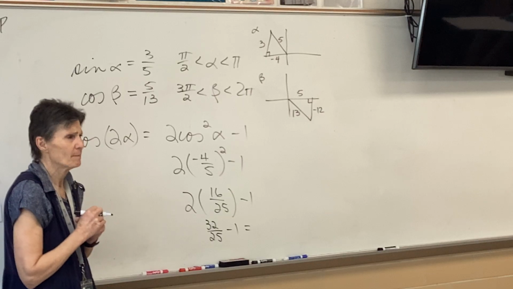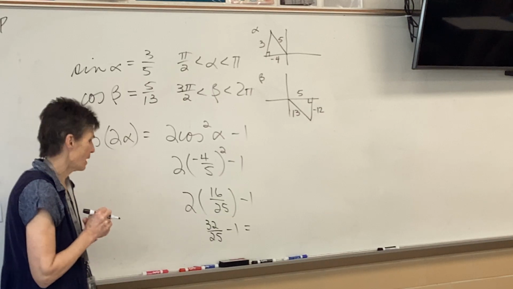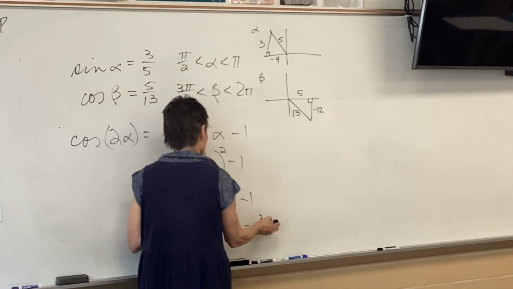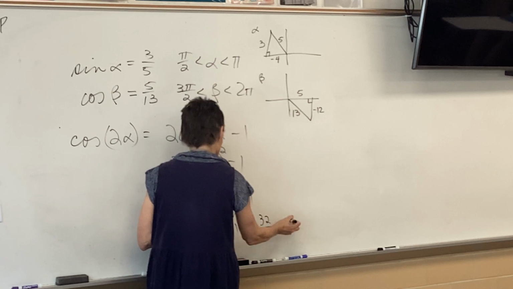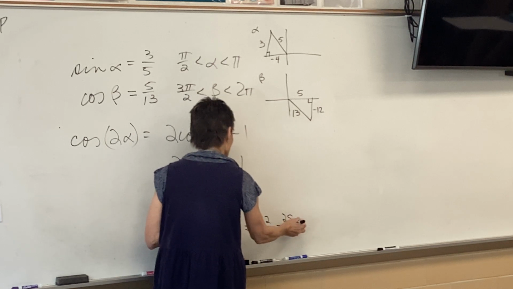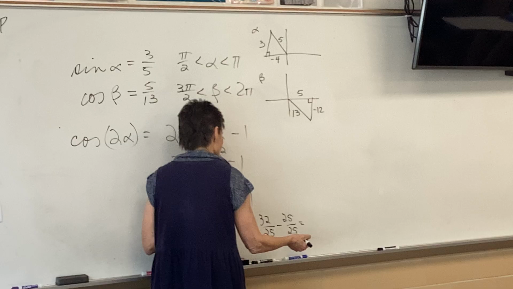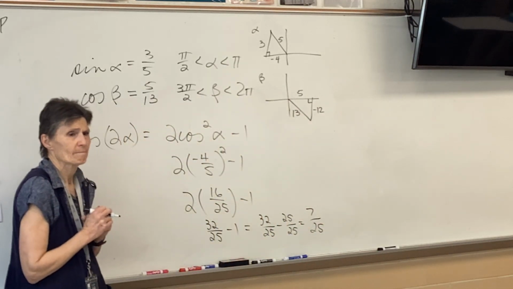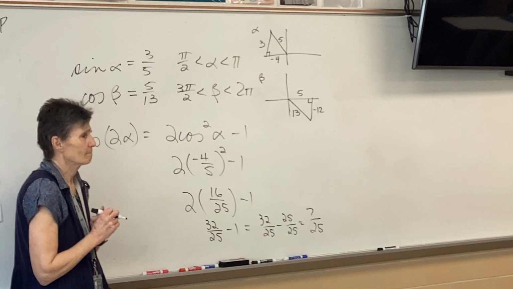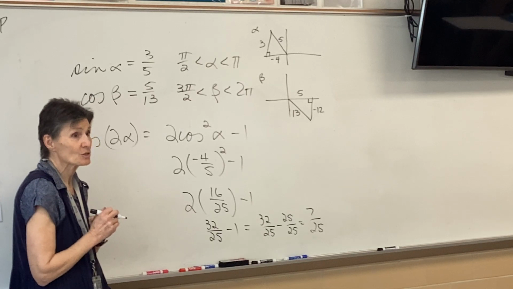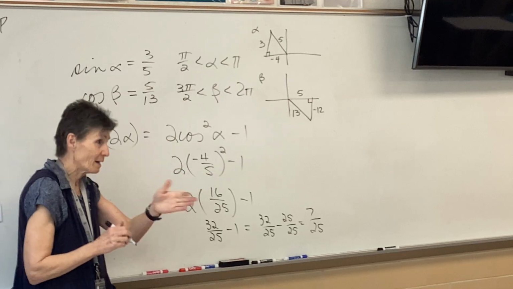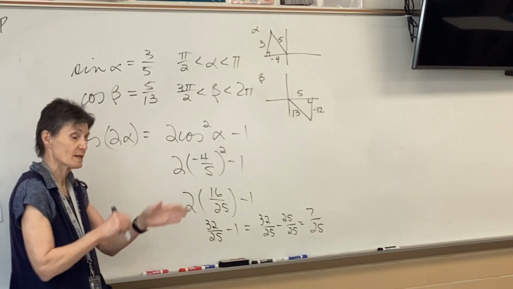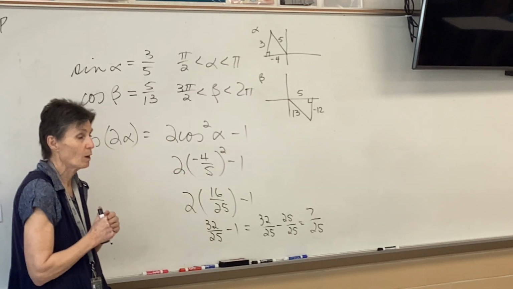What do I do with that? Get a common denominator. So it's 32/25 minus 25/25. So I got 7/25. What about you? Same. And you would have gotten the same answer if you would have used 1 minus 2 sine squared or cosine squared minus sine squared, just whatever you want.